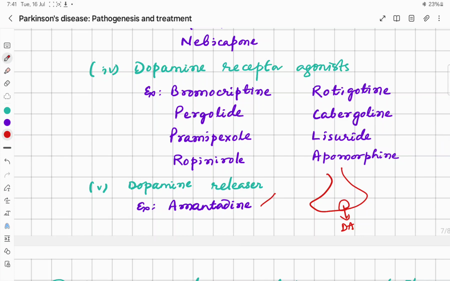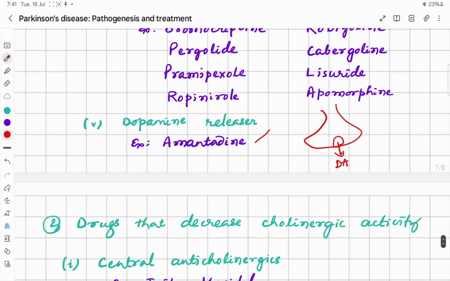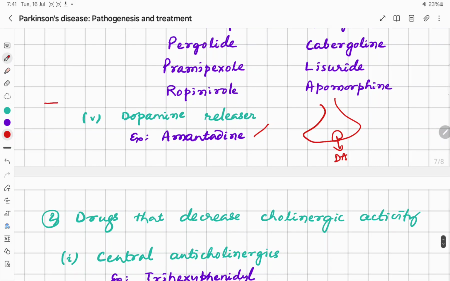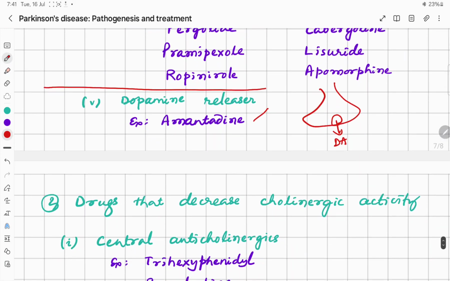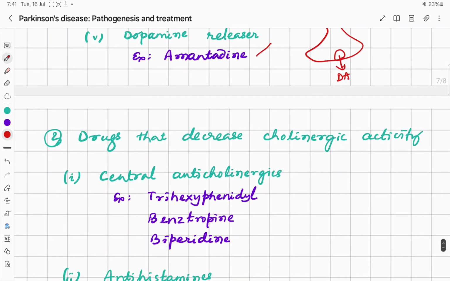But these drugs are rarely used. So up to this, widely used drugs, and after this, the drugs are very rarely used.